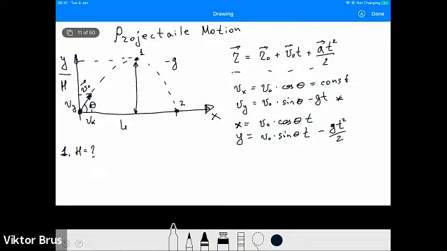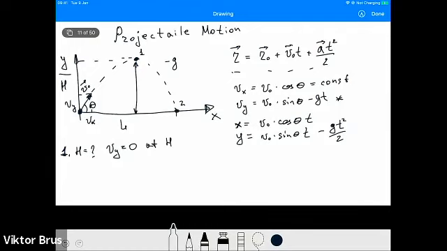We know that at the highest point, this body will just stop. It will not move either up or down with respect to the y-axis. That's the highest position. In that case, we can say that vy will be equal to 0 at height h.